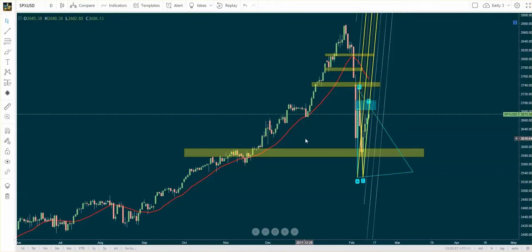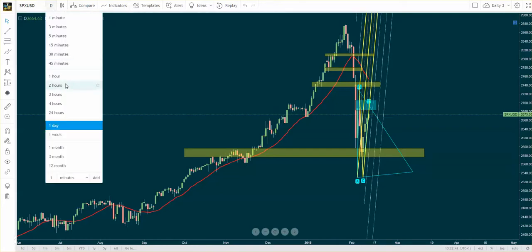And actually this is one of my scenarios on a shorter term. We can notice that the 20 daily standard moving average right now is around the 2750 zone on SPX.